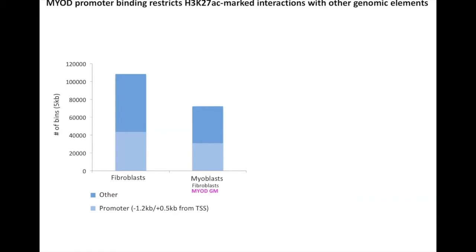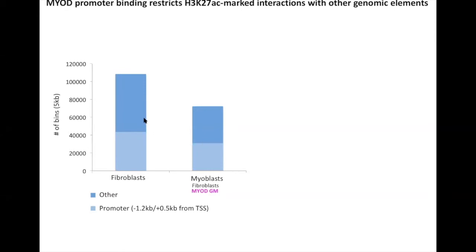Here is one data set that differs: HiChIP with this antibody compared with the data that we obtained by using Hi-C and ChIP-seq, which is immediately portrayed by this graph.